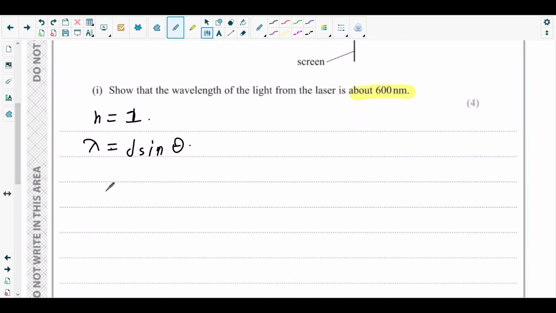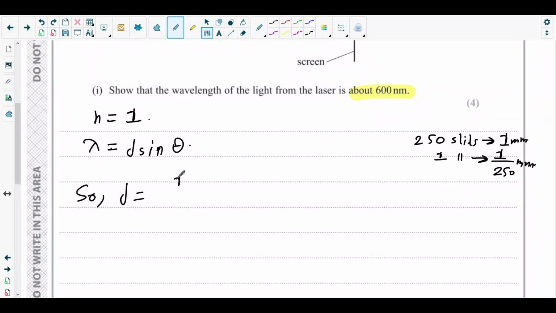So therefore the value for d: 250 slits, or lines, whatever you say, are there in 1 millimeter. So we need the width of a single slit. One slit is 1 over 250 millimeter. 1 over 250 millimeter can be written in meters as 1 over 250 times 10 inverse 3.